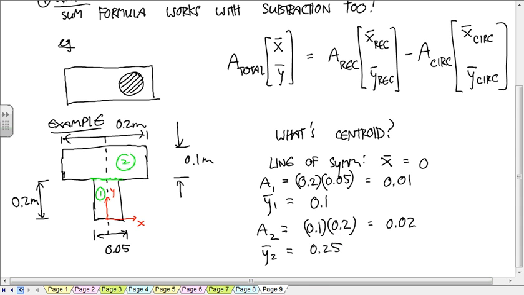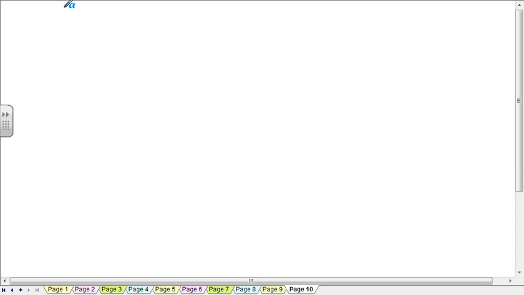And so if you put that all together, the total area, 0.03, times the y centroid is equal to 0.01 times 0.1 plus 0.02 times 0.25.